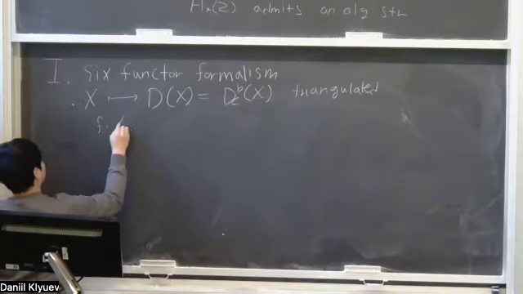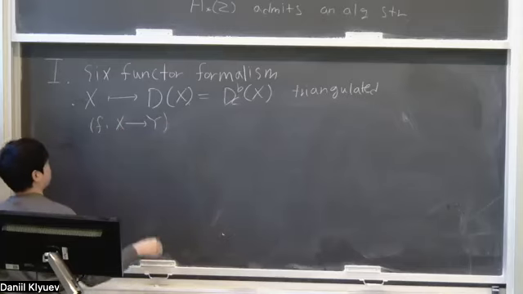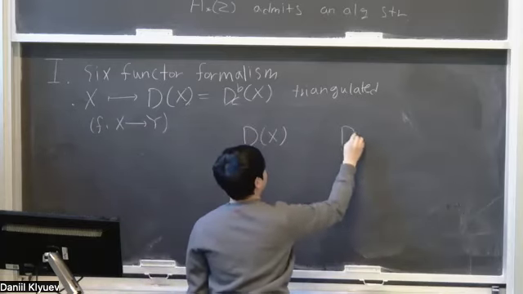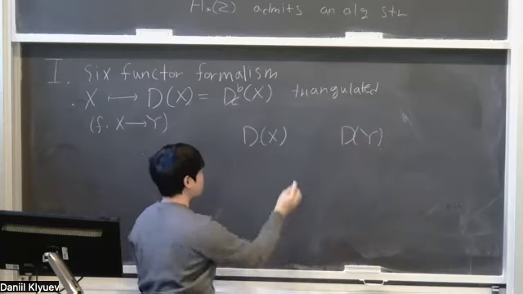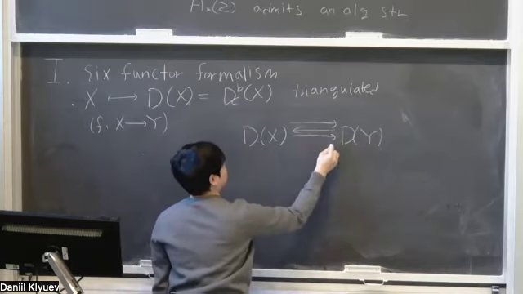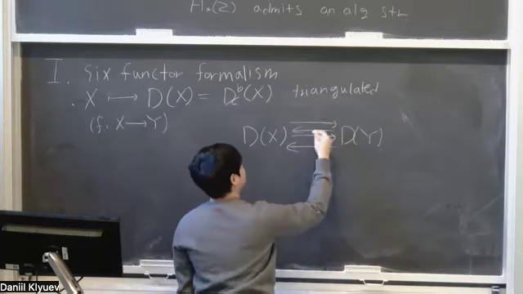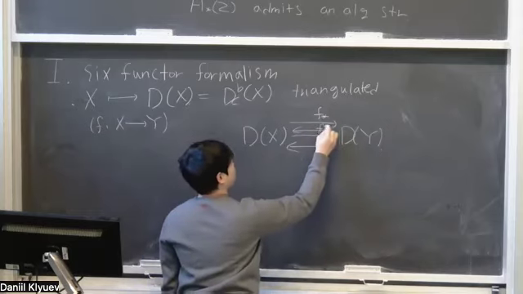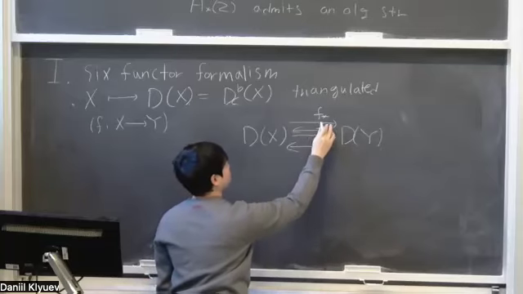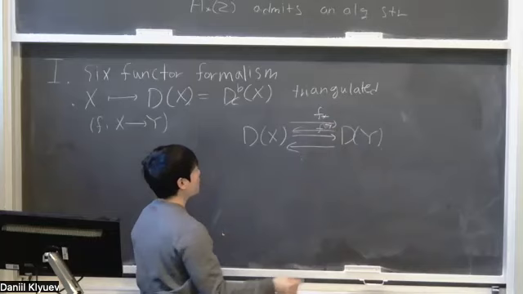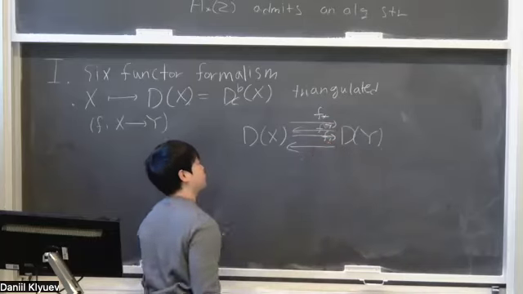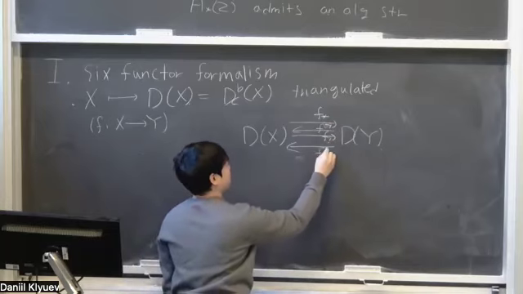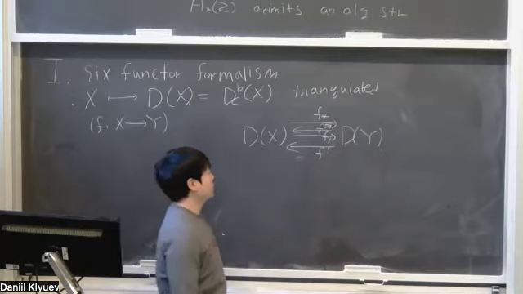And for each map of such spaces, we will assign a bunch of functors that go back and forth twice. There's a direct image functor and a pre-image functor, let's use inverse here, and the proper direct image functor, sometimes called lower shriek, and the upper shriek functor.